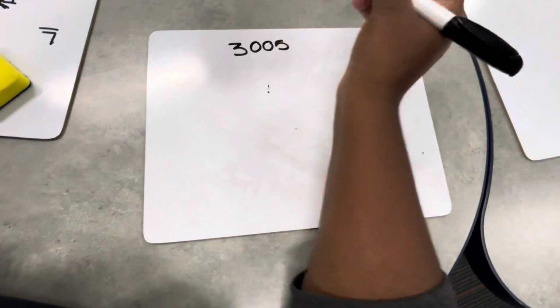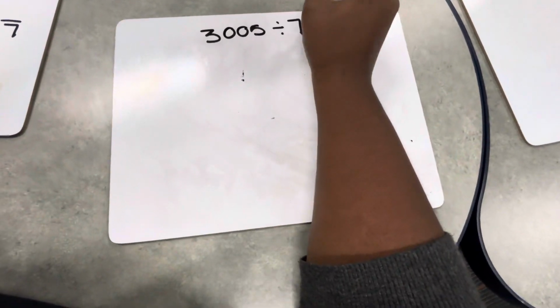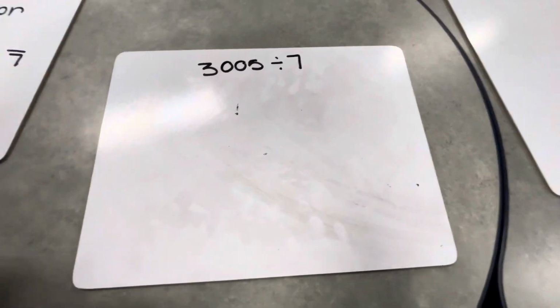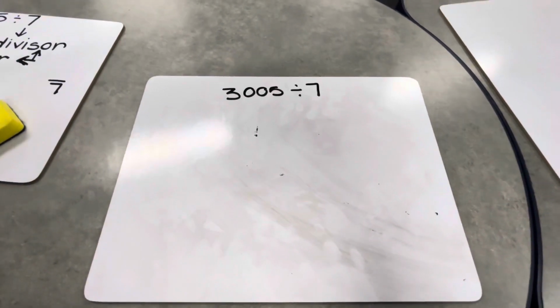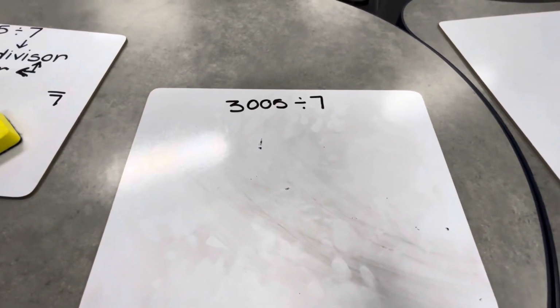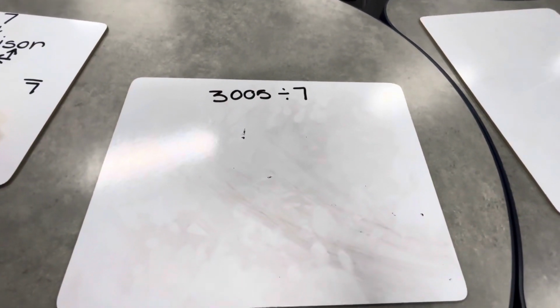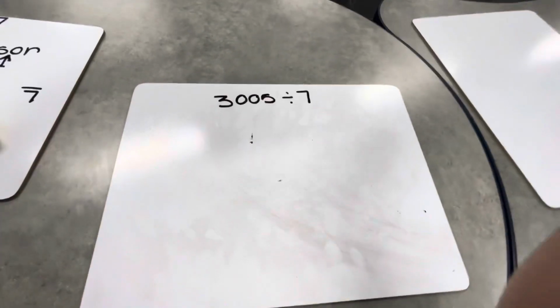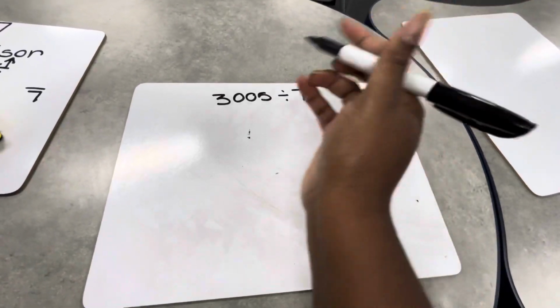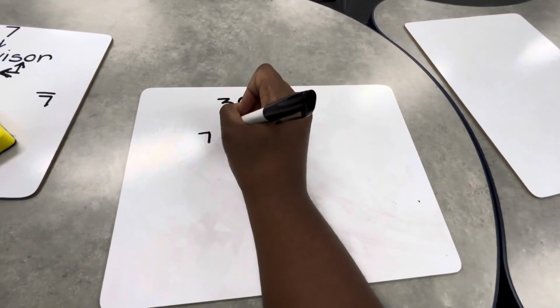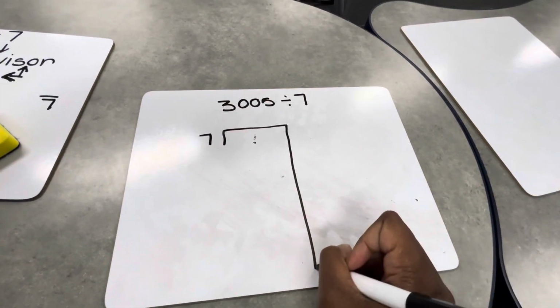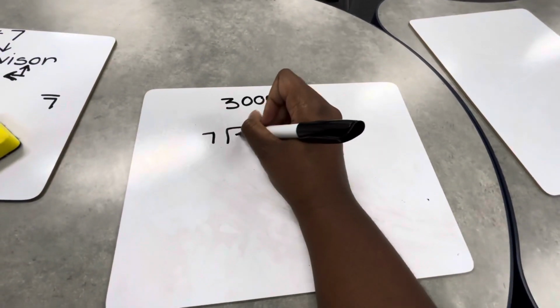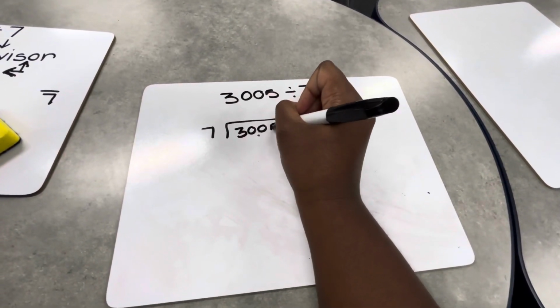And for the purposes of this activity, remember, I am going to use partial quotient. But of course, this works with any type of strategy. It'll work with standard algorithm, although we don't teach standard algorithm in fourth grade, it'll also work with area model, arrays, different things. So we're going to use that strategy still. We have 7. One of the students has termed it the hangman strategy because it looks like we're getting ready to play hangman. And we have 3005.